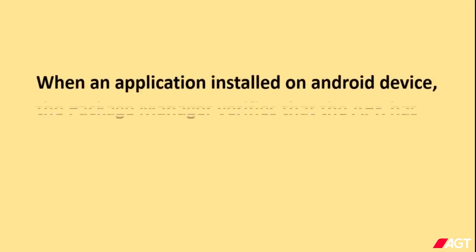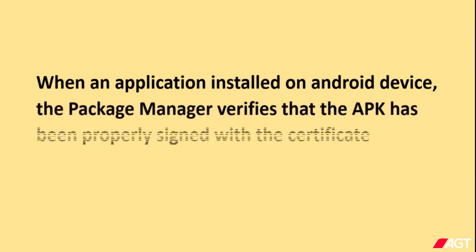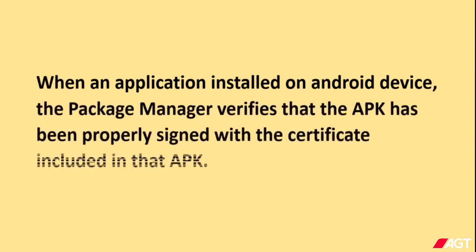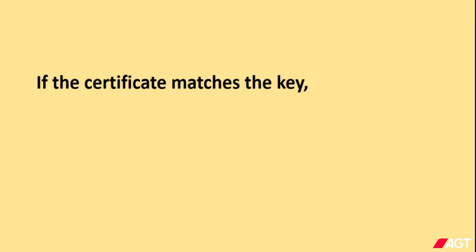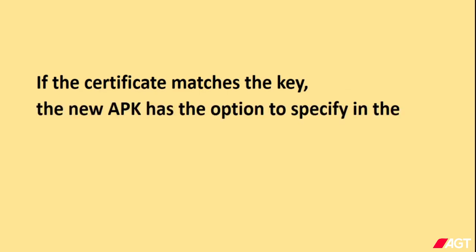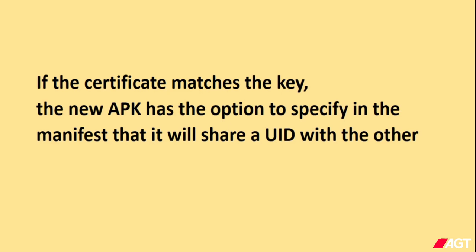Now when an application or APK file, basically applications are APK files, is installed on an Android device, the package manager is the entity that verifies that the APK has been properly signed with the certificate included in the APK. If the certificate, or more accurately the actual public key in a certificate, matches the key that is used to sign any other APK on a device, then the new APK has the option to specify in the manifest that it will share a user ID with other similarly signed APKs, right?